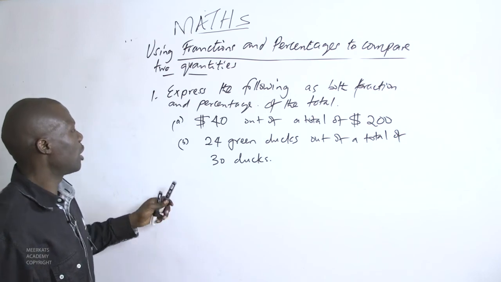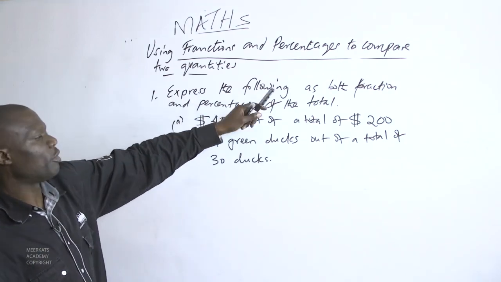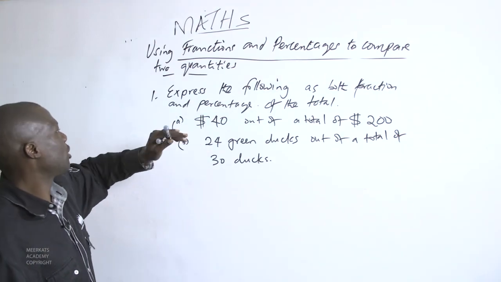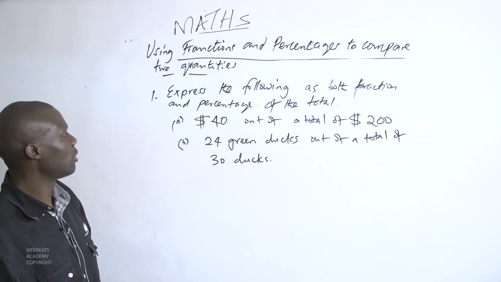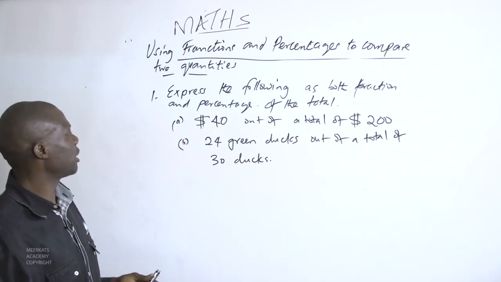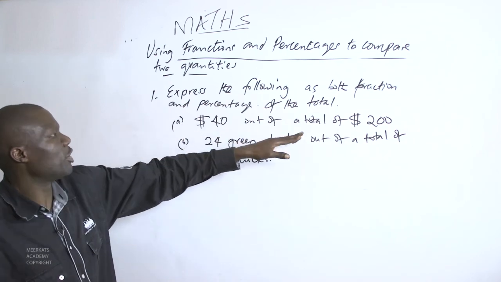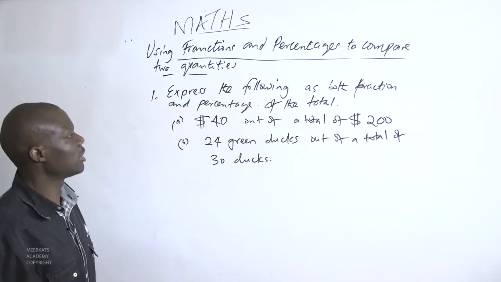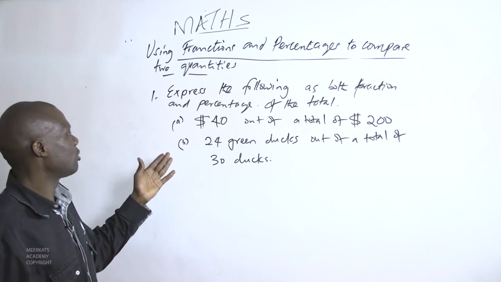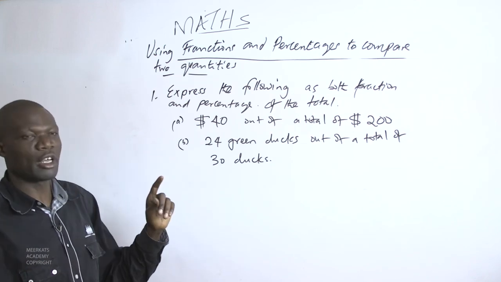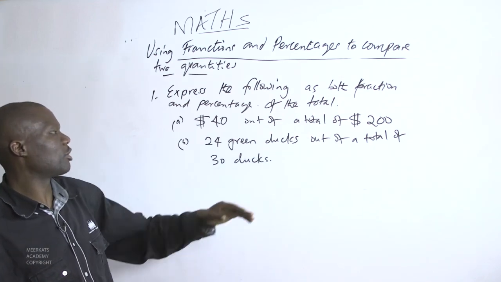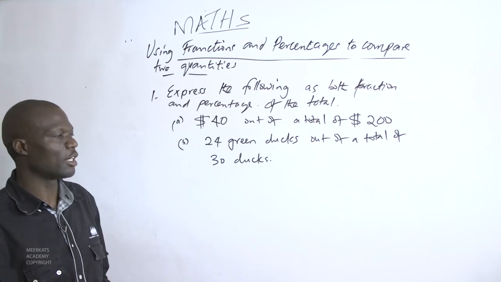So this is what we have. Express the following as both fraction and percentage of the total. In this particular part, what we have is $40 out of the total of $200, and 24 green ducks out of a total of 30 ducks.